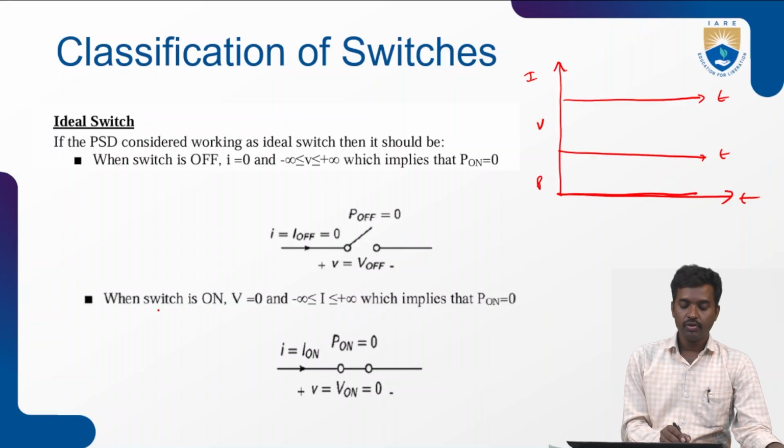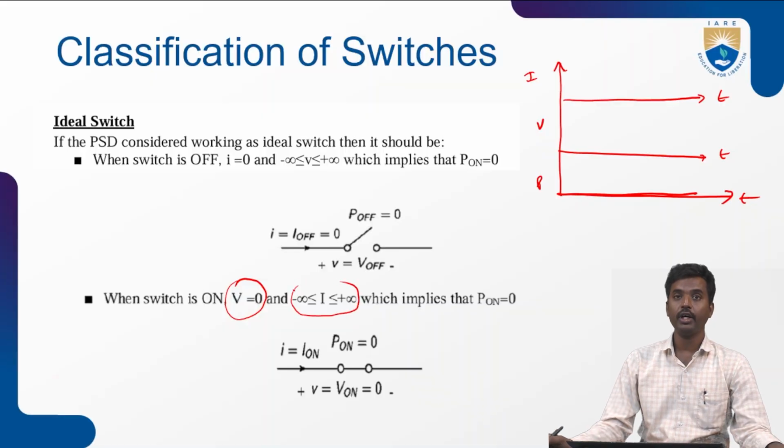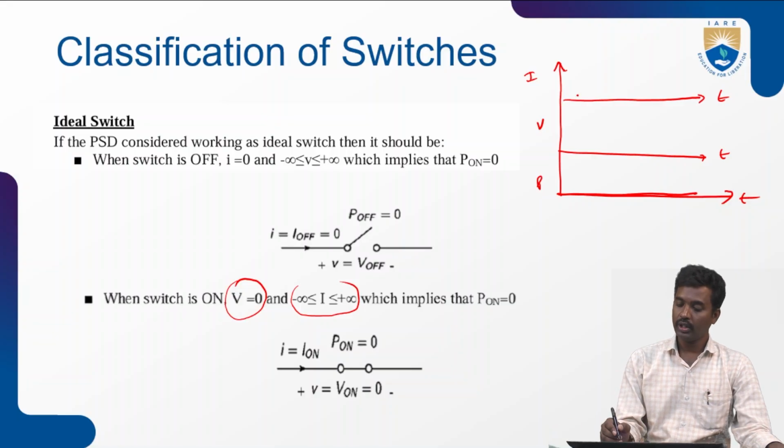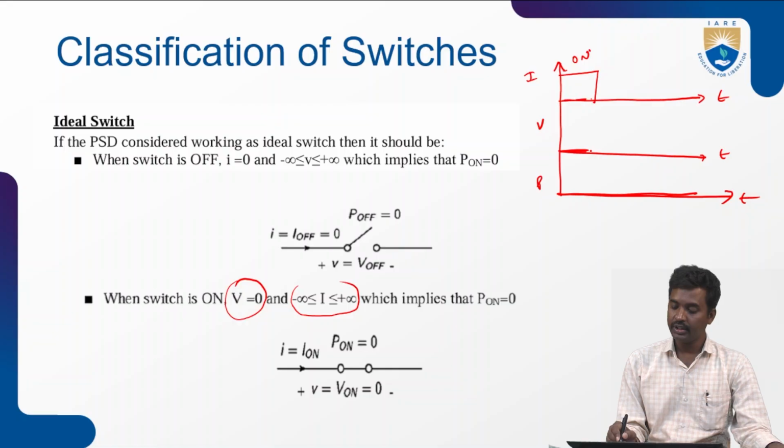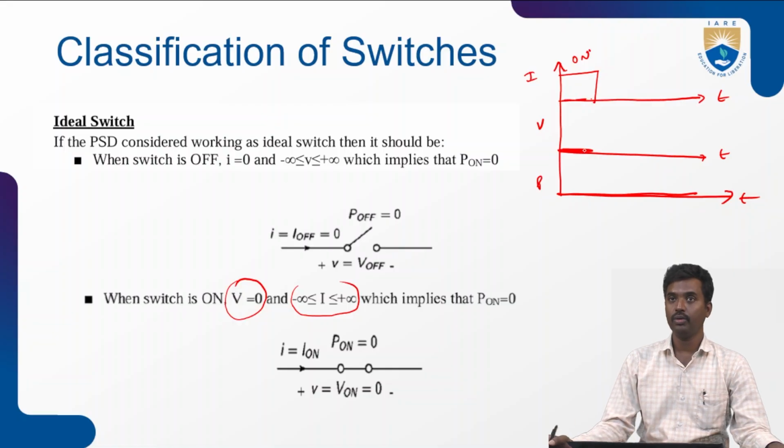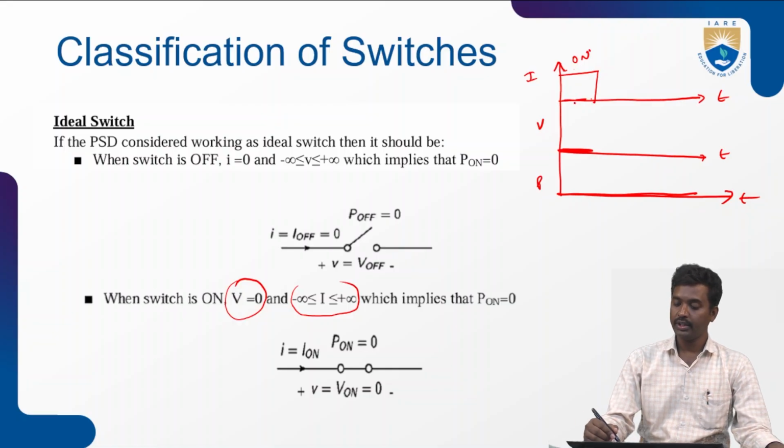Now when the switch is on, in an ideal switch, the voltage value is 0. It can allow an infinite amount of current, from minus infinity to infinity. During turn on, T on, the voltage is 0, and voltage into current, that power, is also 0.